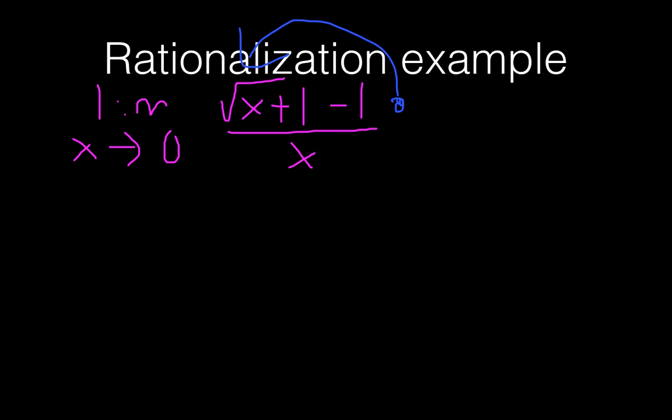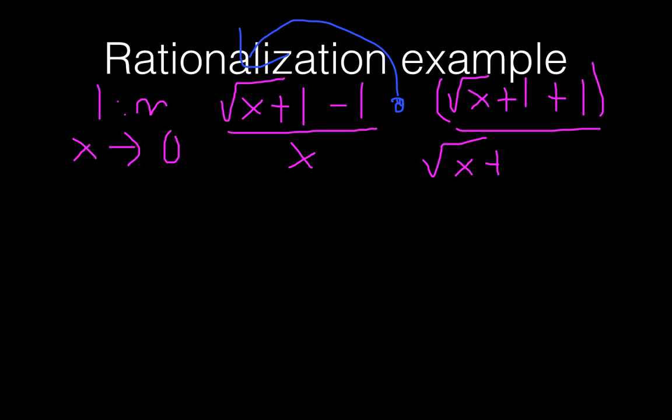So we'll multiply that by the square root of x plus 1 plus 1, that way we don't add any more variables to the numerator. And then we'll do the same for the denominator: the square root of x plus 1, plus 1.